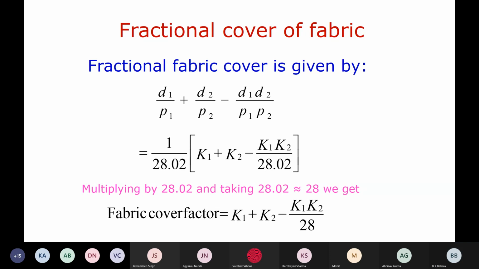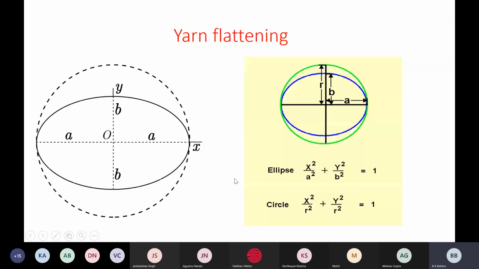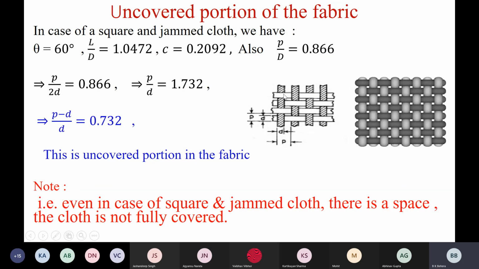And we are subtracting the product of these two, and I have already told you why we are subtracting, because when we are calculating fabric cover factor, we are taking some place which is considered twice. Look at D1 upon P1 is cover K1, D2 upon P2 is K2, and this is the area.